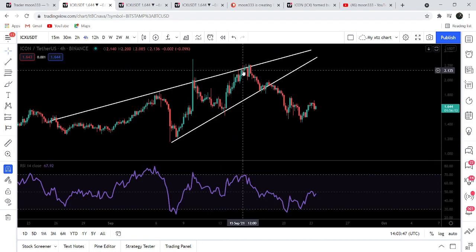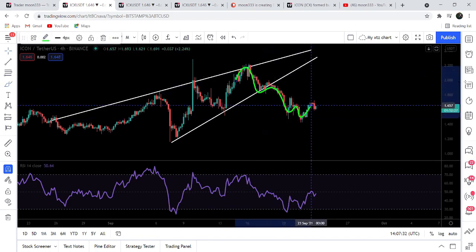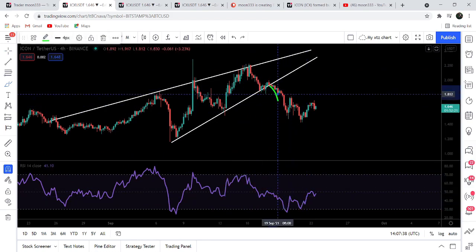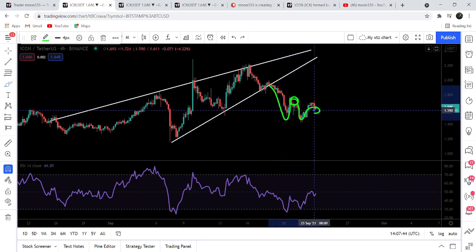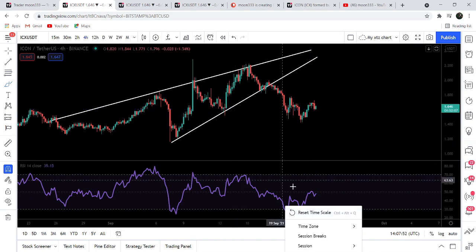Like previously on the 4-hourly time frame, the price action was forming lower highs, and the RSI, the oscillator, was also forming lower highs with the price line. But recently we have formed here a high lower than the previous high, and here the next high is also formed lower than the previous high. But if we take a look at the RSI, then the RSI has formed a higher high than the previous high.